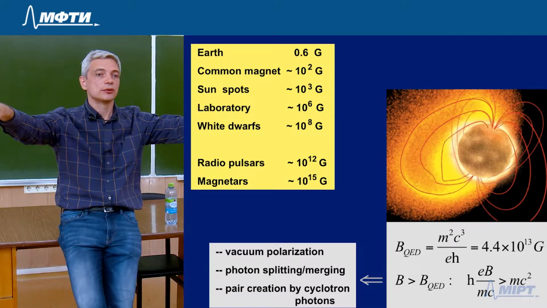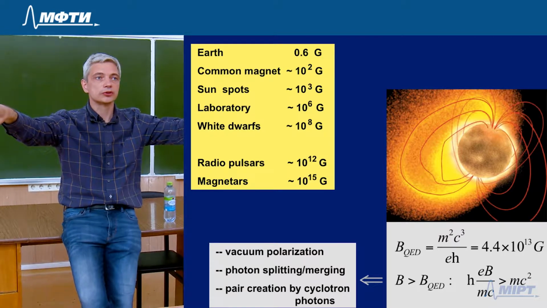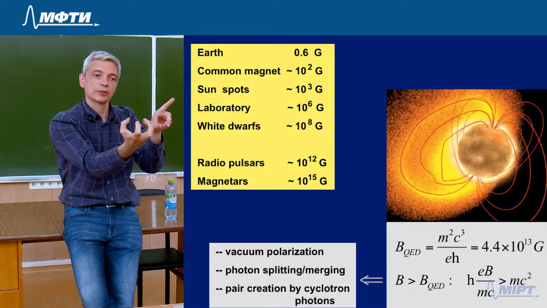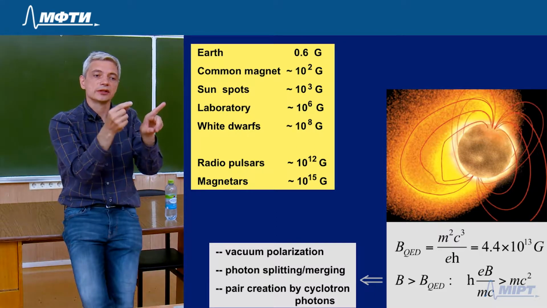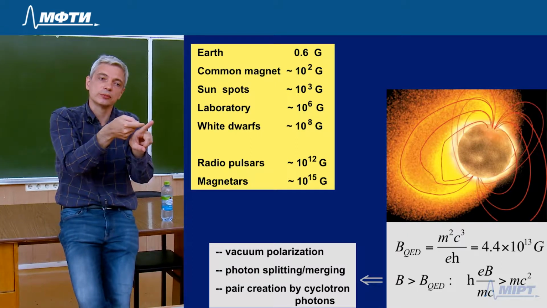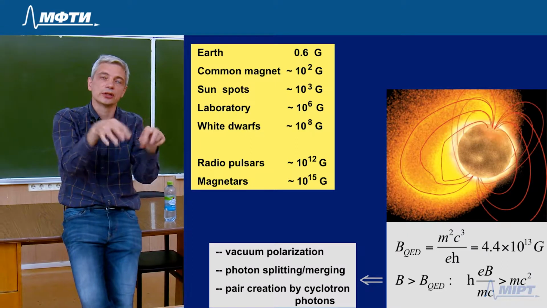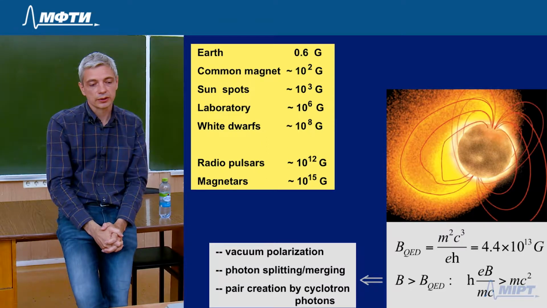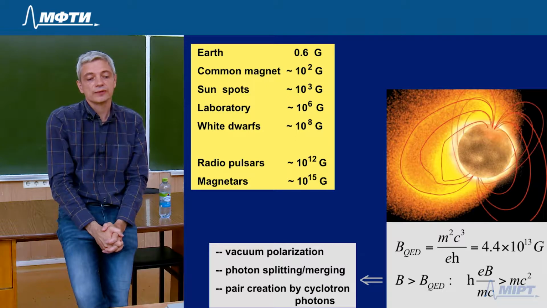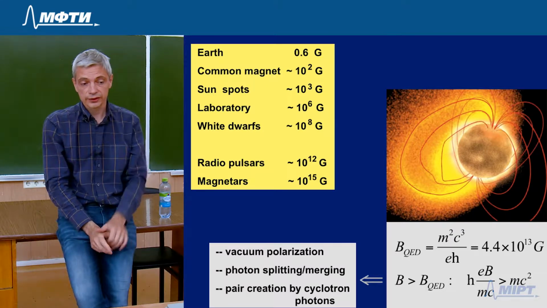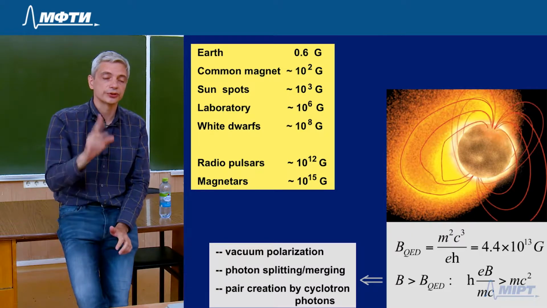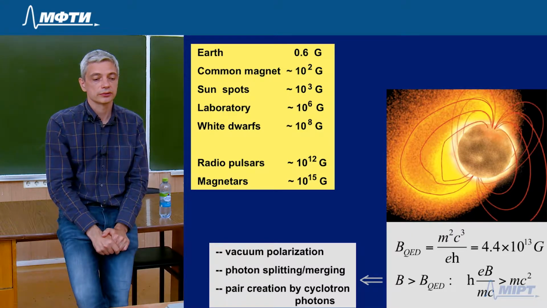But if you have a background magnetic field, then it can take part of the momentum perpendicular to the field and allow this reaction to occur. This reaction has a significant rate for fields exceeding B_QED, and for photons with energy comparable to or exceeding the electron rest mass. So photons actually do split near those stars.